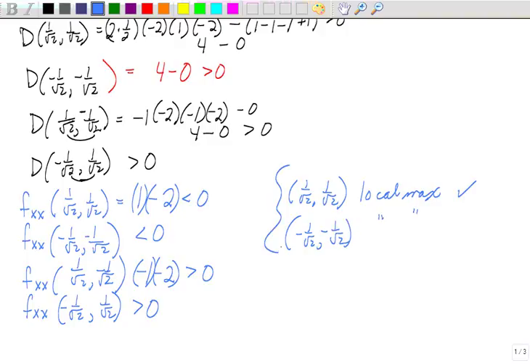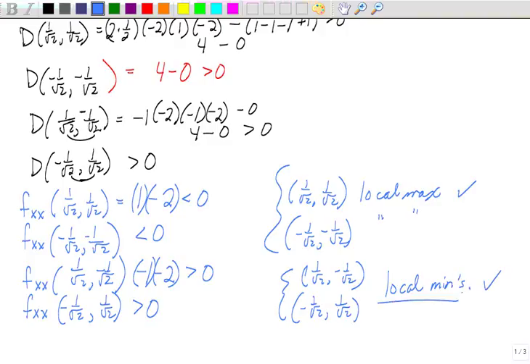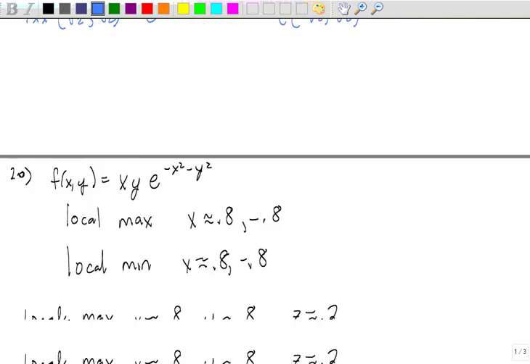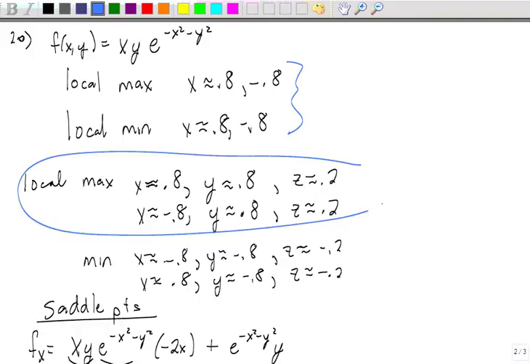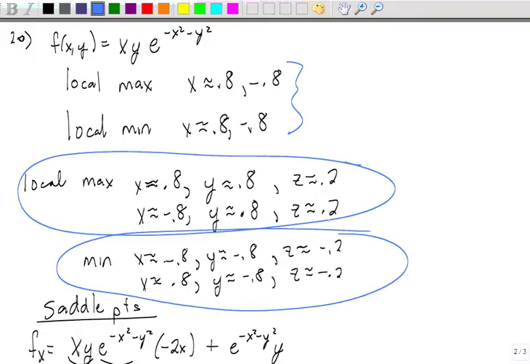So these two are local maxes, and these two are local mins, which is what we said right here. Local maxes and our local mins.